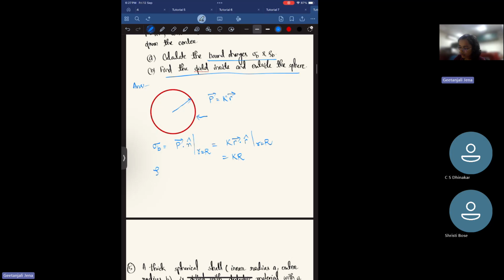And rho b is minus of divergence of P. For a sphere, we have minus 1 by r square, dou by dou r of r square times P, where P is kr.